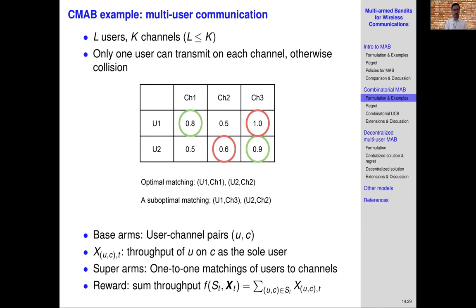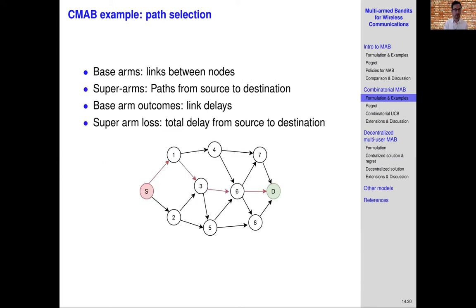In the figure, you see a scenario with 3 channels and 2 users. In this scenario, the green matching shows the optimal matching, which yields a sum reward of 1.7. And the red matching is a suboptimal matching, which yields a cumulative reward of 1.6. Another example is path selection.